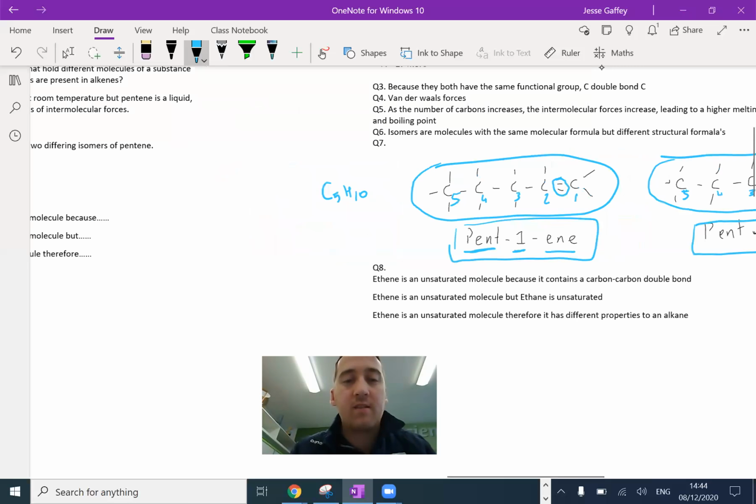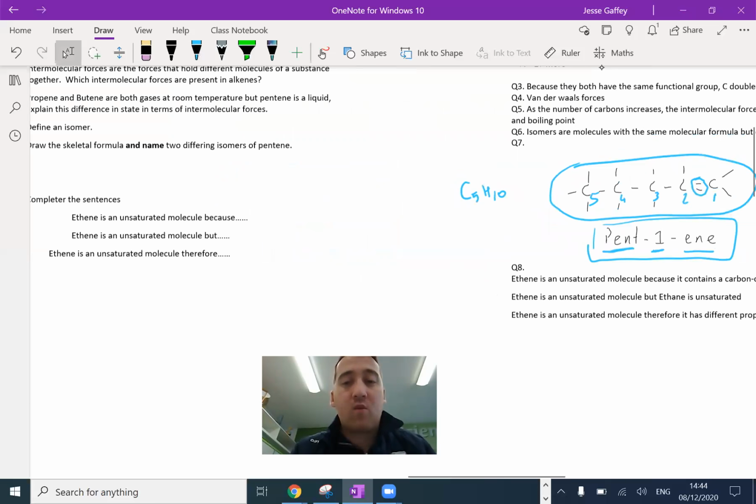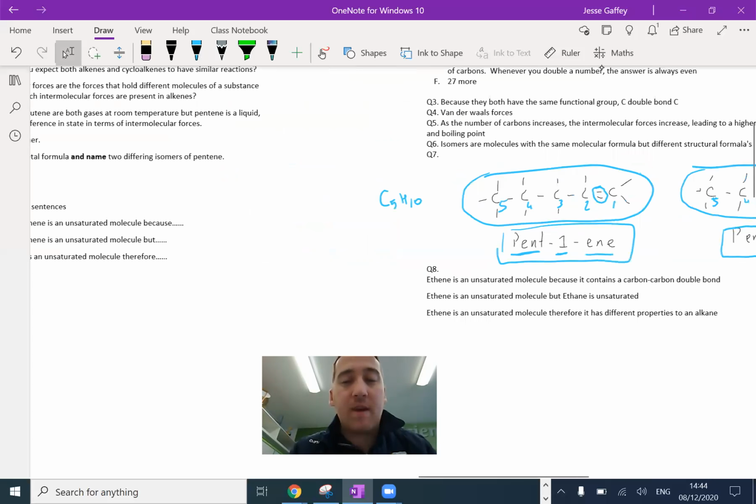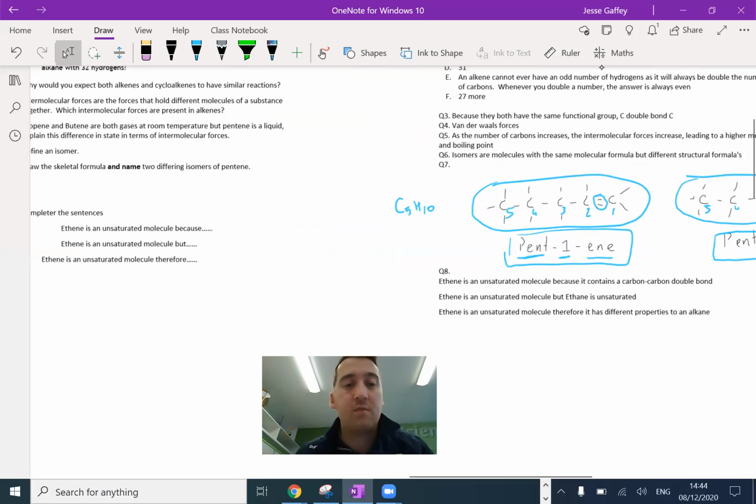You then had some sentence starters, so you had to complete the sentences. There's a couple of correct answers here. So long as you have a sentence that makes sense, then it's correct. But here are some sample ones that I've done up. Ethene is an unsaturated molecule because it contains a carbon-carbon double bond. That's what makes it unsaturated.